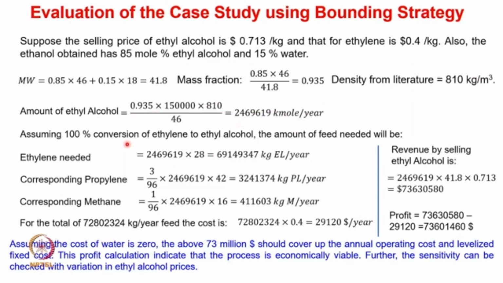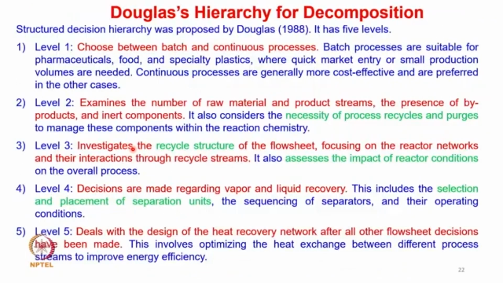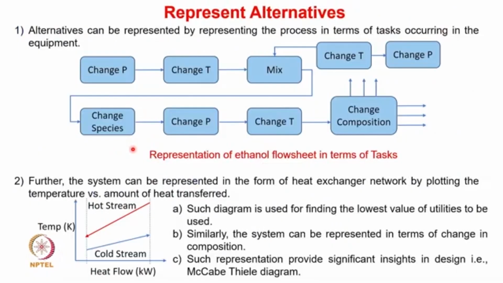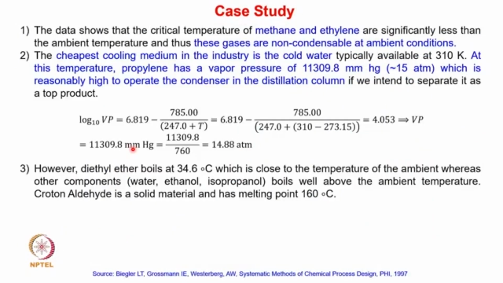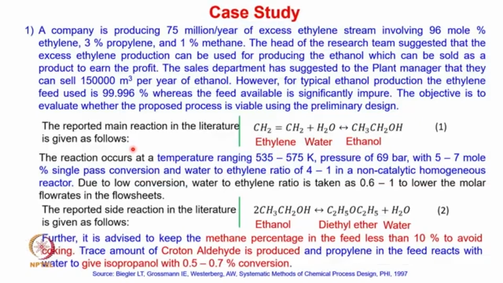Clearly 1 mole of ethyl alcohol will be produced by 1 mole of ethylene, as you can see, the reaction is given. If I go back and show the reaction, see, 1 mole of ethylene is producing 1 mole of ethanol.